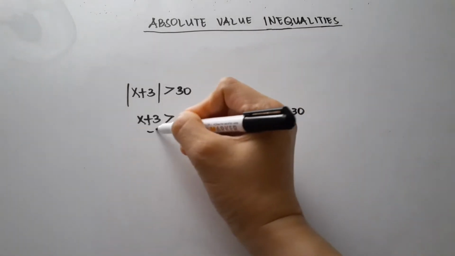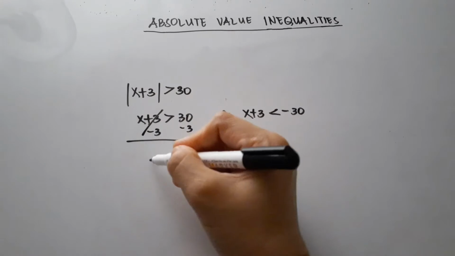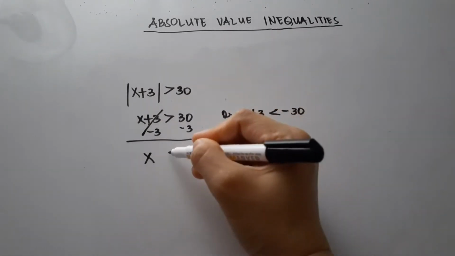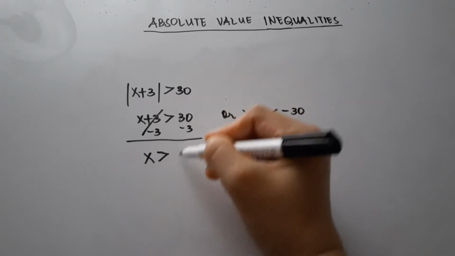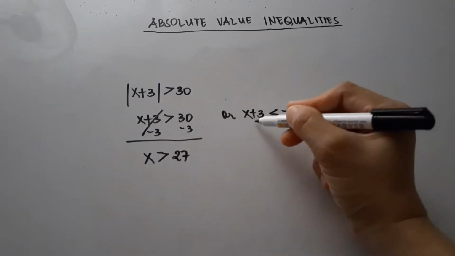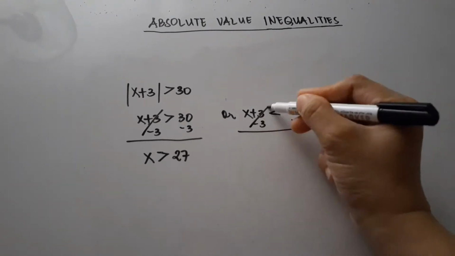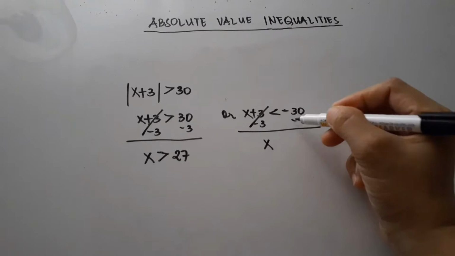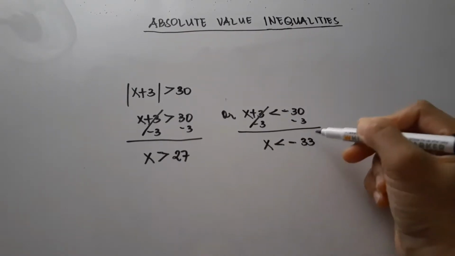So we add negative 3 to both sides, and the remaining is x greater than 27. And on the negative side, we add negative 3 to both sides, cancel out, and x is less than negative 33.